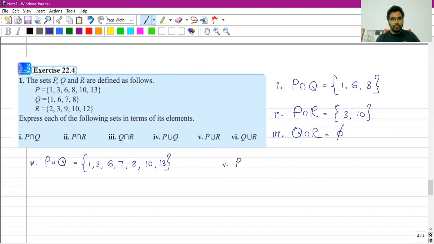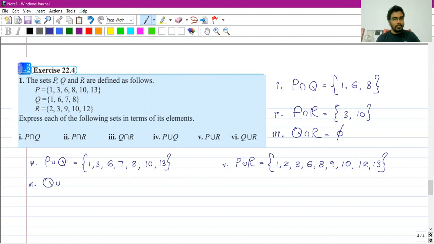Next, the fifth one, P union R. From these two sets, all of the elements: 1, 2, 3, 6, 8, 9, 10, 12, 13. You can see 1, 3, 6, 8, 10, 13 are in this set, and 2, 3, 9, 10, 12, all of these are in this union set. So this is correct.